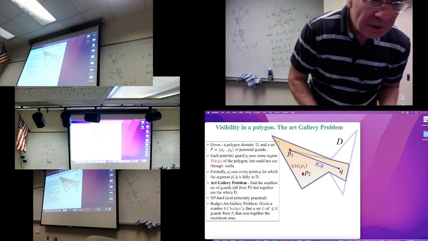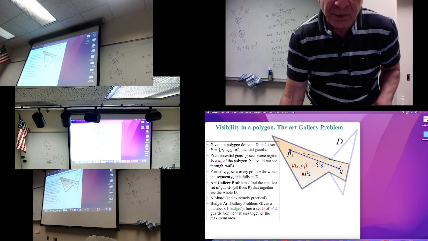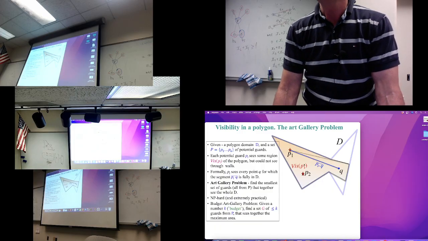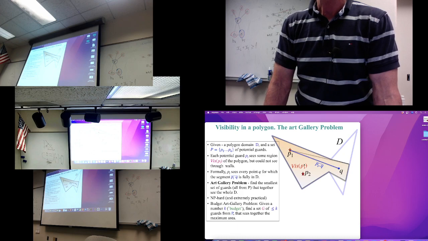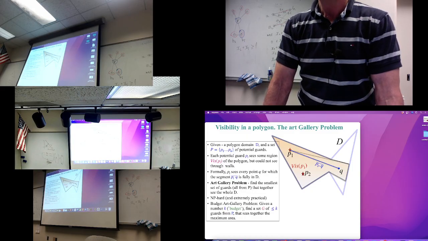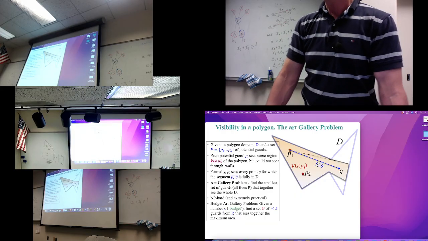Okay. So P1 sees Q if the segment between them is fully inside the polygon. Pick a minimum subset of vertices so that I see the whole polygon. We'll have to talk about seeing the whole polygon. It will actually be a bit tricky. Let's instead say I have some discrete set of points that I want to see.